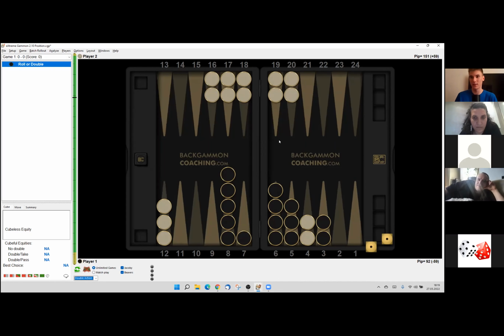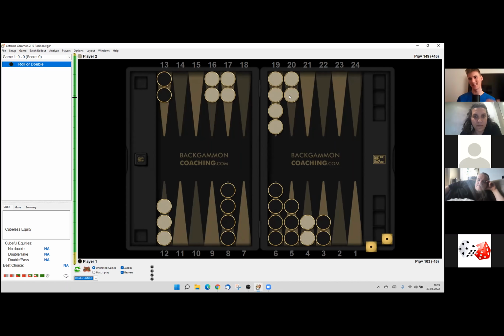Even if you hit, you've got not a good game or not a good chance. So this is the first thing when you pass the cube: when your board is undeveloped. What's an undeveloped board? Basically, if you hit, you don't feel comfortable. Let's keep it as simple as it is.